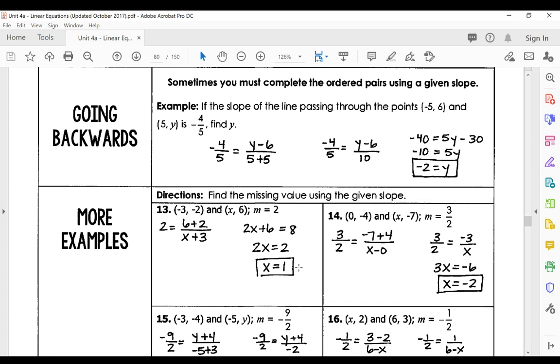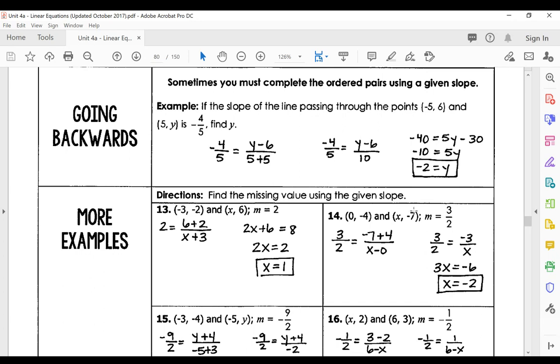Let's do another example. In number 14, we have the points 0, -4 and x, -7. We are told that the slope of this line is 3 over 2. And we're supposed to find the missing x value. So we take our slope 3 over 2 and set it equal to the formula y sub 2 minus y sub 1.